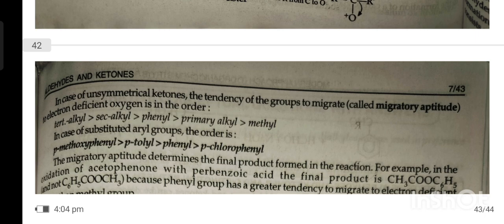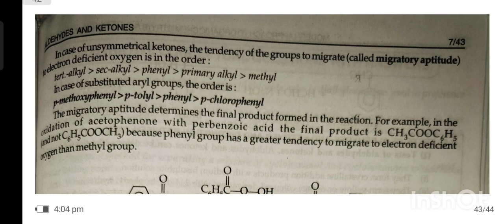In case of substituted aryl groups, the order is paramethoxyphenyl, paratolyl, phenyl, parachlorophenyl.